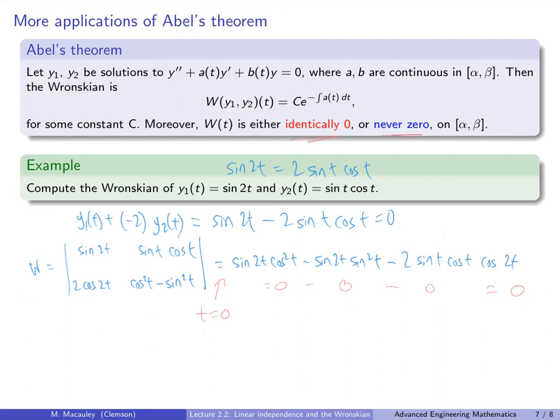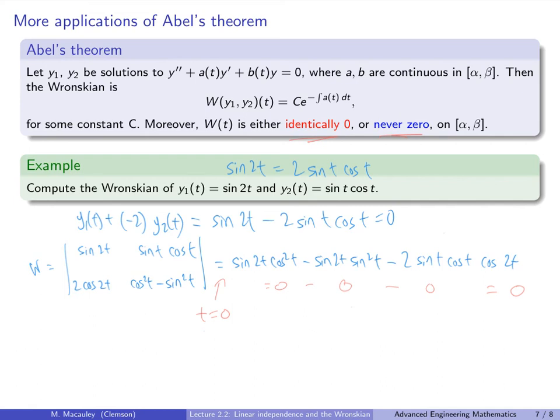And here it's 0 at some point, which means it has to be identically 0 at every point. So even if we plug in some irrational number for t, this is always going to equal 0. Again, we have to be careful. That does not mean that we can conclude that these functions are linearly dependent. But I will say this, it gives very good evidence that they are.